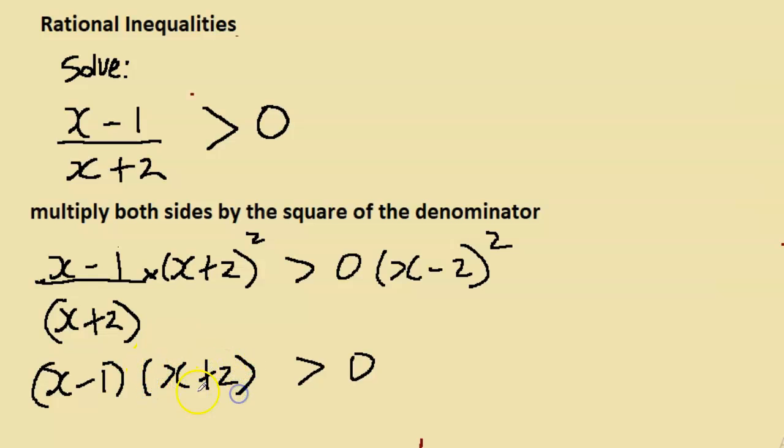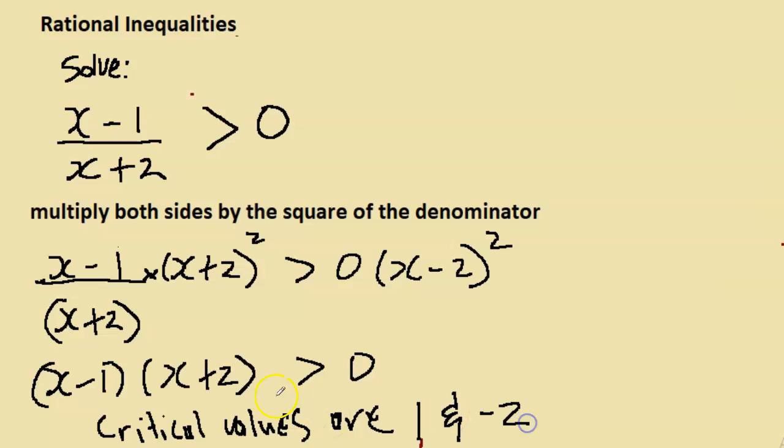Now, the critical values are the values which make the entire expression 0. So the critical values are 1, because 1 would make the expression 0, and negative 2 will also make the expression 0.